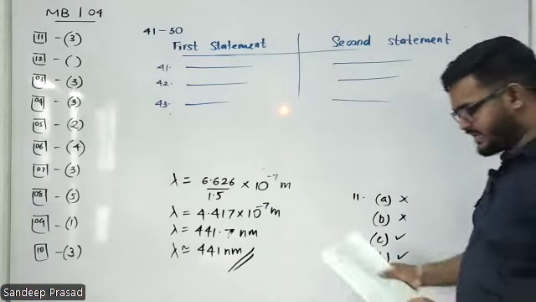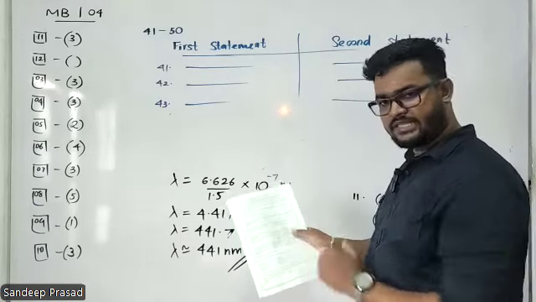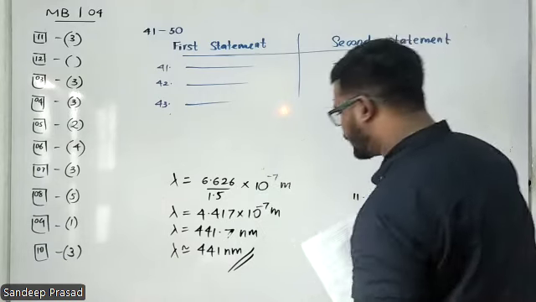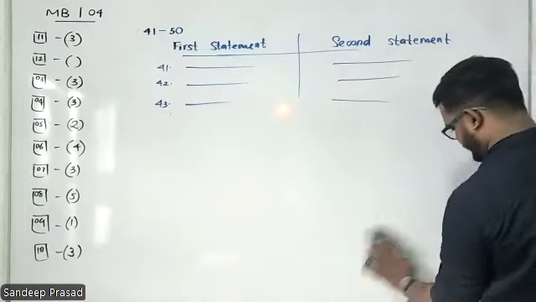Now, this question number 12 is like that only. See, first statement and the second statement. Then how can we go for the options like 1, 2, 3, 4? Now, this is very interesting, okay?